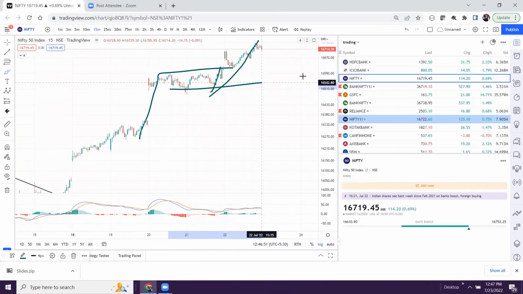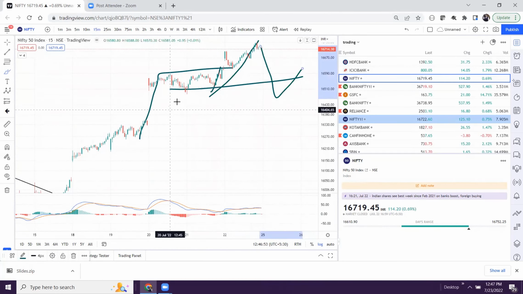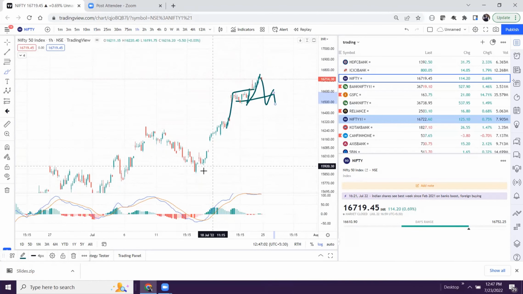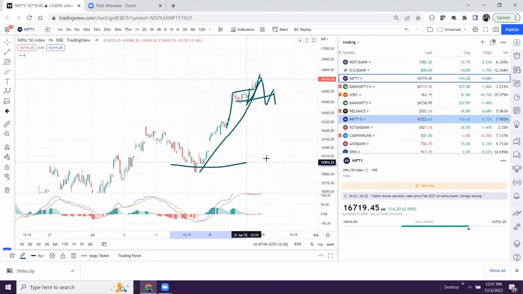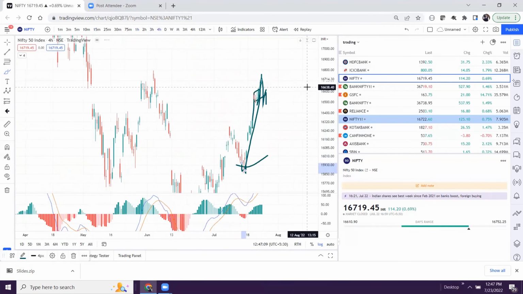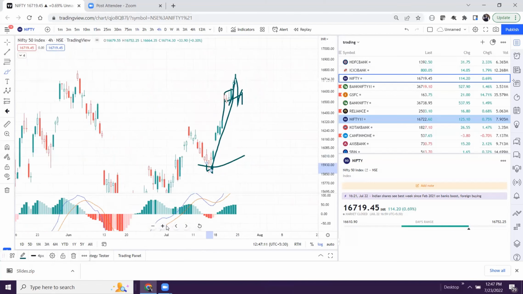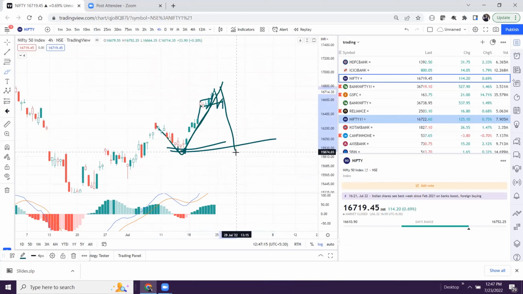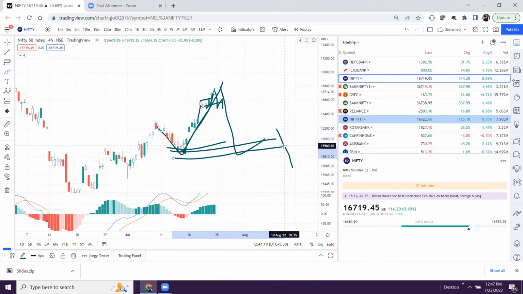So if you get something like this, then a trend change happens on the 15-minute and you can enter a sell, but you have to know that on the hourly the last point is still here only, the big point, which you can see on the 4-hour also. This is a big, big swing, right? So unless and until this goes, you cannot say that the trend has changed. Is this clear?